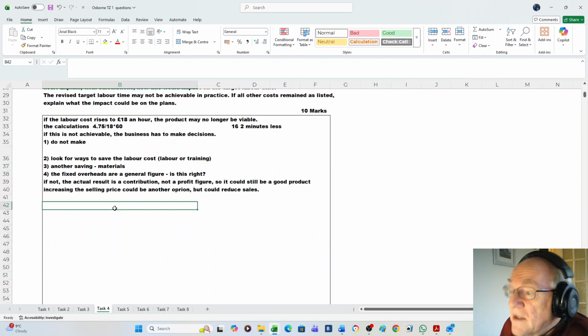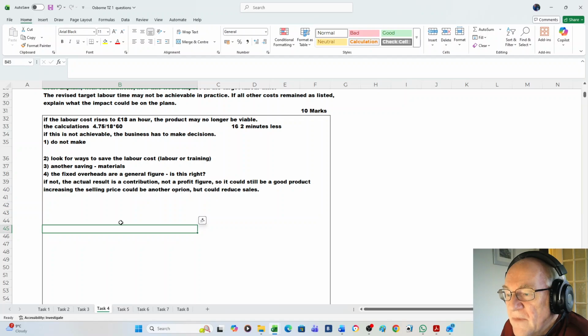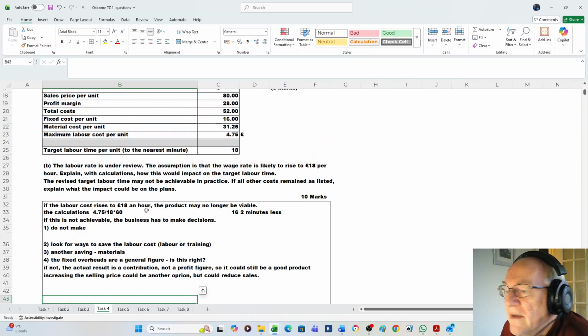Because again, if you've got the time, you could put that one in. You could even explain that obviously it saves us so much per unit, such a ballpark figure. If not, it is not a profit figure, so it could still be a product. It's still making a big contribution. It's still making a lot of money per item.